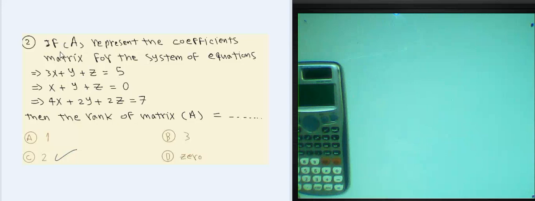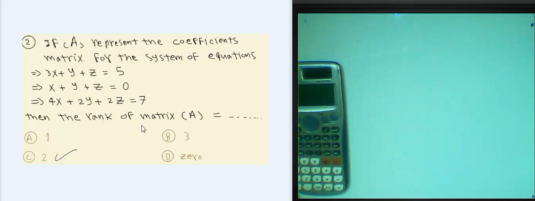Question number 2. If A represents the coefficient matrix for the system of equations 3x plus y plus z equal 5, x plus y plus z equal 0, 4x plus 2y plus 2z equal 7, then the rank of matrix A equals what?